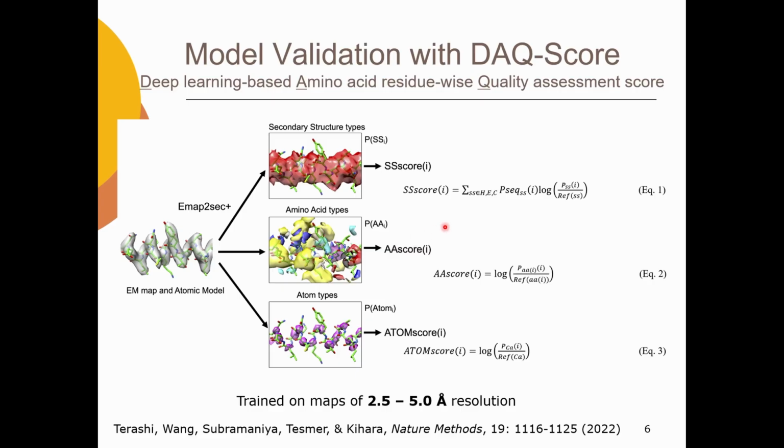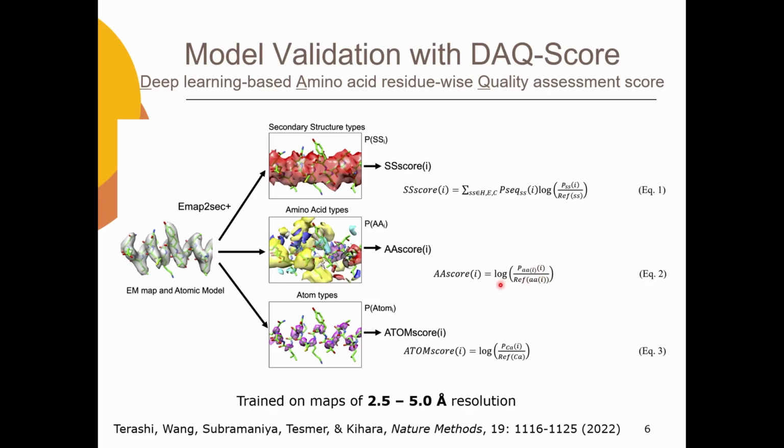So here we have 3 scores, and let me explain 2 of these scores. This is the amino acid score, AA score. What it computes is, suppose the residue position i in your model is tryptophan. It first computes the probability of tryptophan at that position by deep learning. Then that probability value is normalized by the tryptophan probability from all the maps.